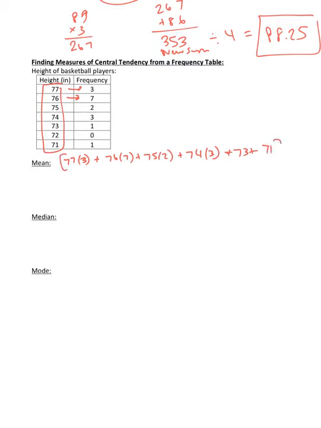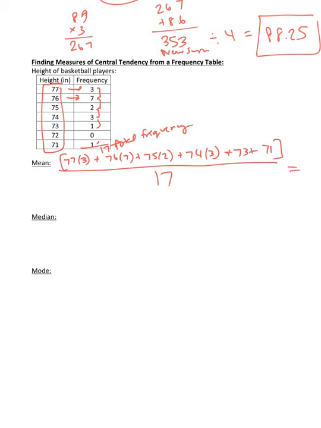And that whole sum, you have to make sure you hit enter and get that whole sum, gets divided not by 7 because there aren't 7 basketball players. You have to add up the frequencies to find the total frequency. There are 10, 12, 15, 16, 17 basketball players. 17 is your total frequency because there are 17 basketball players, so you divide by 17. And that will represent your mean.